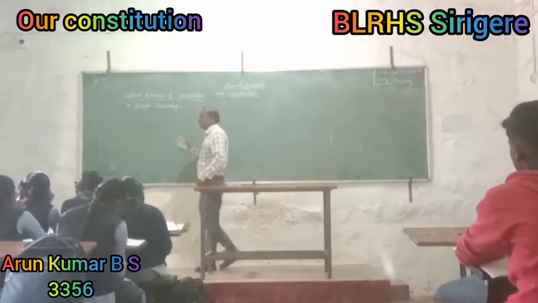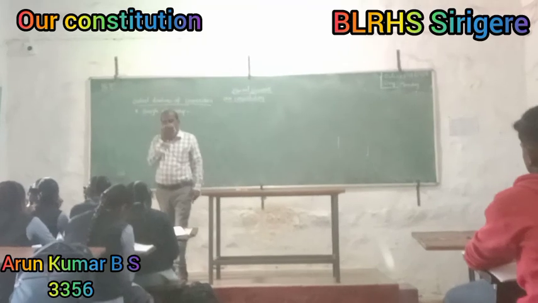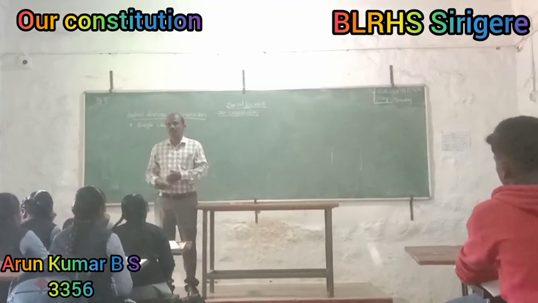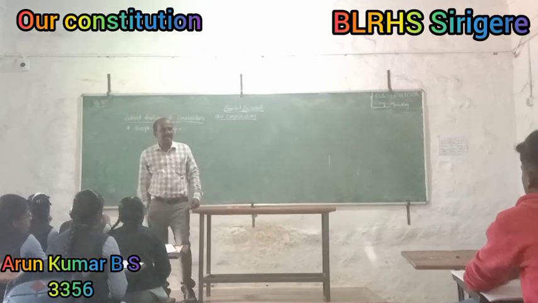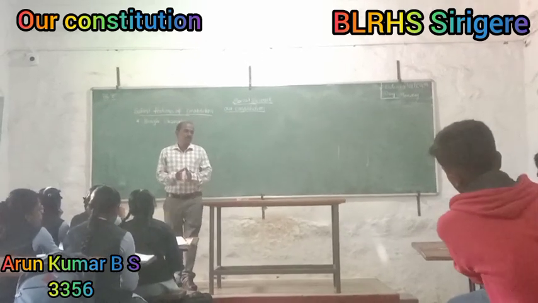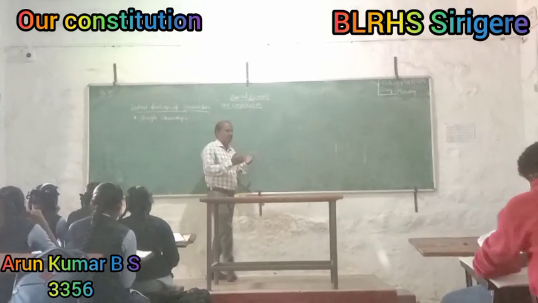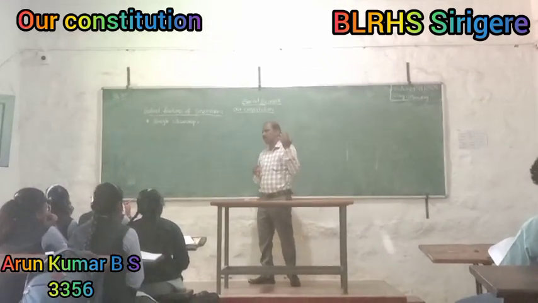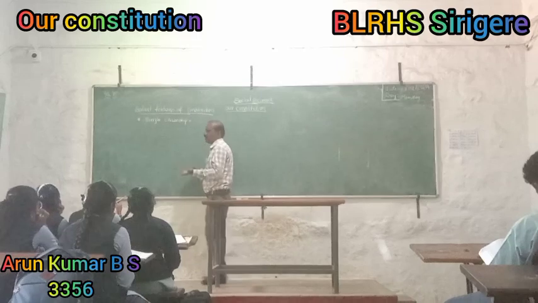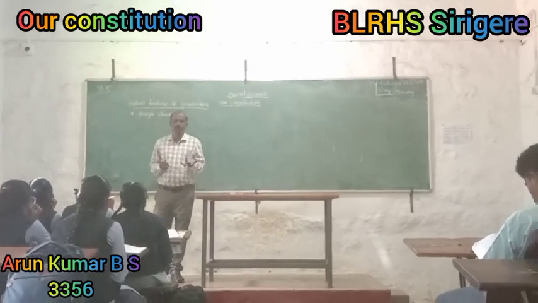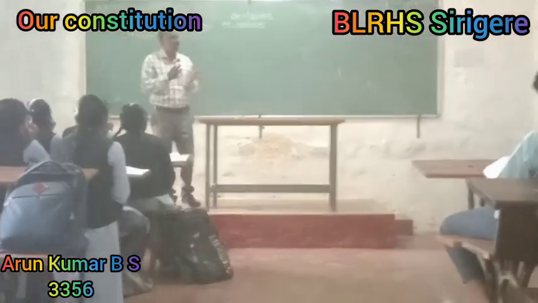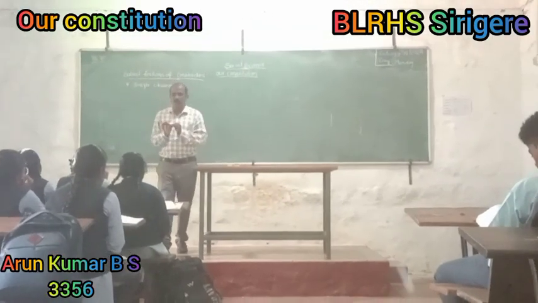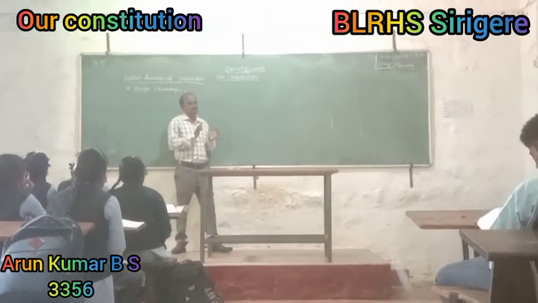So how many states are there in our country? 28 states are there. We may belong to any state, like Karnataka, Maharashtra, Goa, Tamil Nadu, whichever state you belong to. But there is no provision for state citizenship.